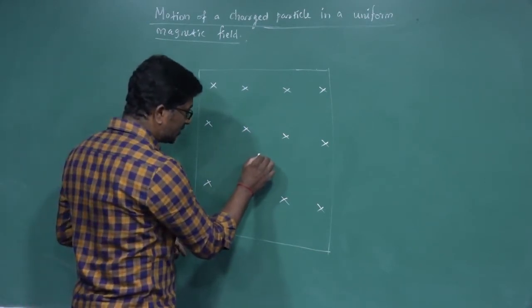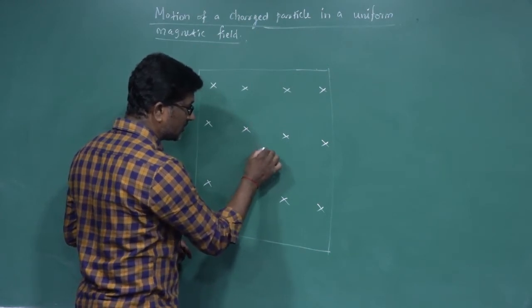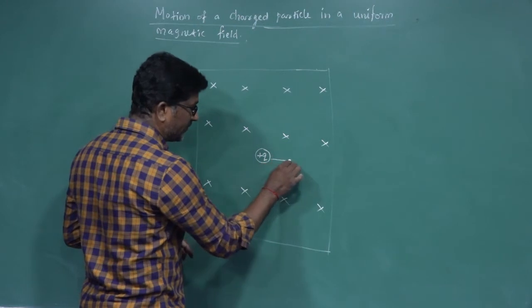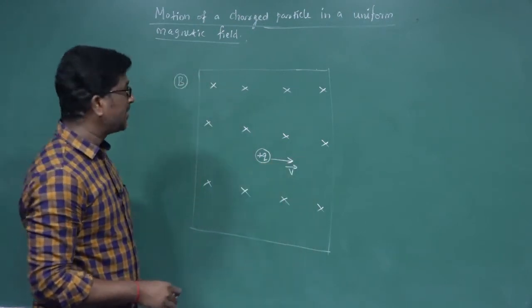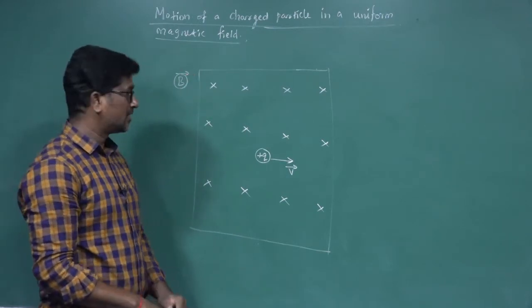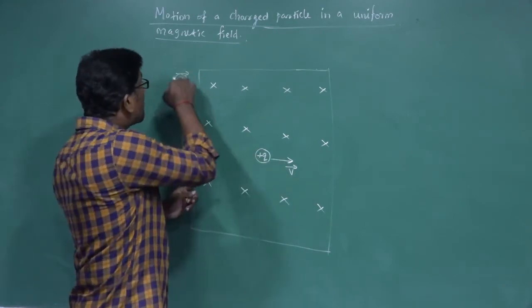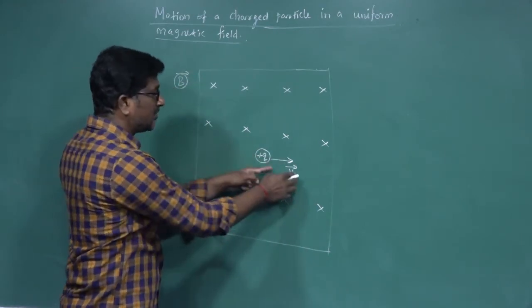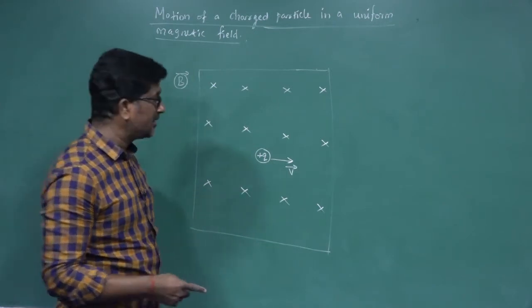And there is a positively charged particle, Q, which is moving with a velocity of V vector in the uniform magnetic field of induction, B vector. If the charged particle is moving perpendicular to this magnetic field with a velocity of V, the particle experiences a magnetic force.